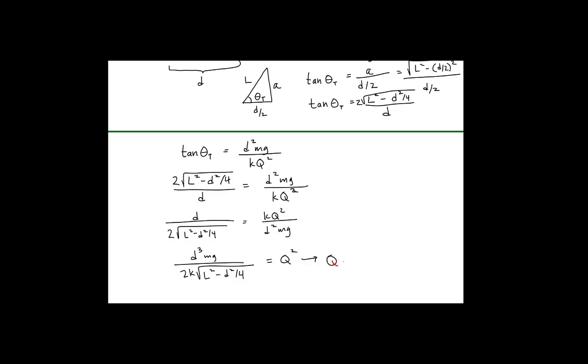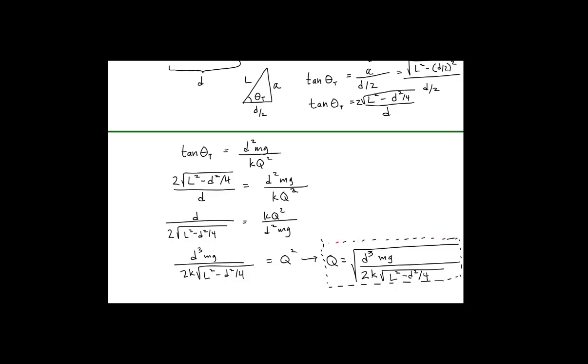So that is Q equals the square root of d cubed mg, and that is over 2k times the square root of L squared minus d squared over 4. So this is the candidate for our answer for Q.